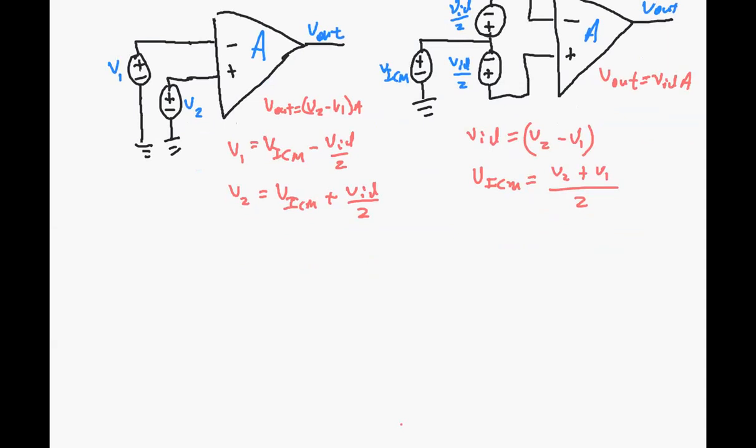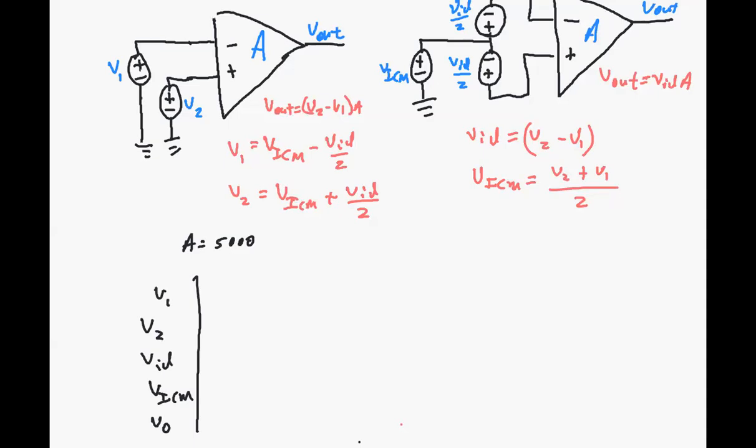If we have a gain of 5,000, so that's a real op-amp now, and we have some values of V1 on the input, and V2, VID, VICM, and V out. Of course, these are really consistent, so if we know a couple of them, we know the others.